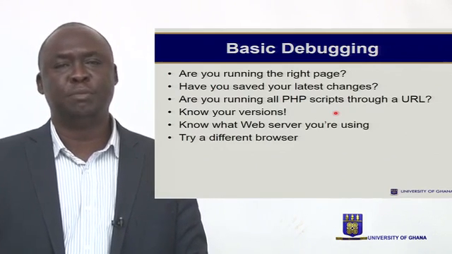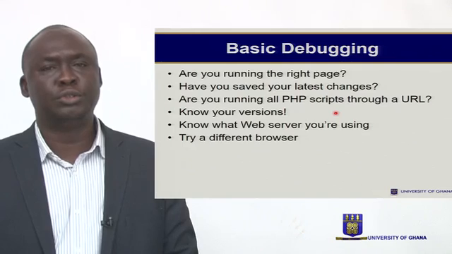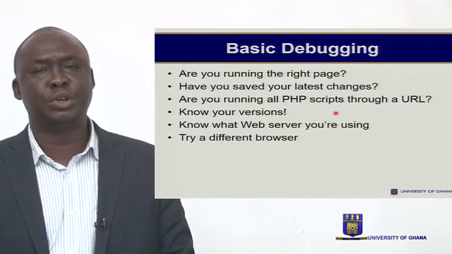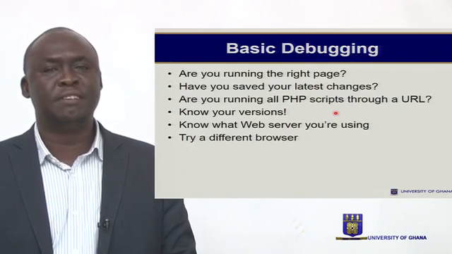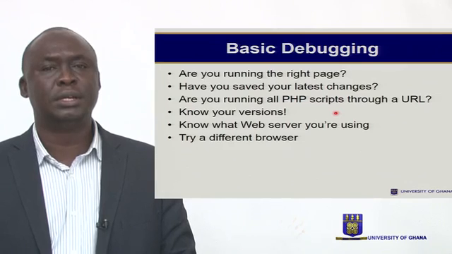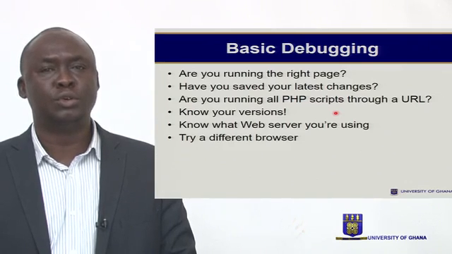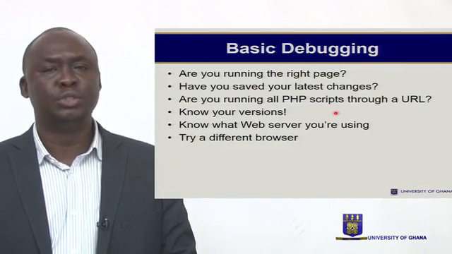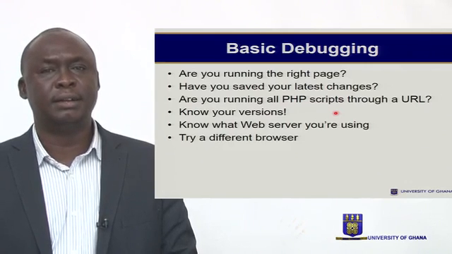Know your version of PHP. So you should also know the version of PHP because you may be using some functions that are not supported in the newest version of PHP that you are probably running. So you must always use functions that are related to the versions of your PHP.